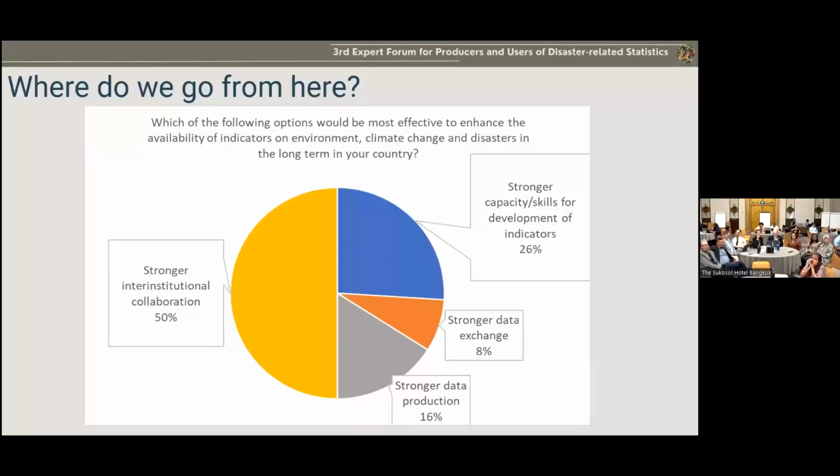So half of the respondents preferred stronger institutional collaboration, 50%. So my Oscar goes to this answer. Second place is stronger capacity and skills for development of indicators, 26%. Next comes stronger data production with 16% and stronger data exchange with 8%.